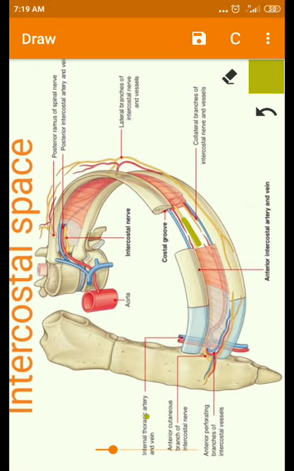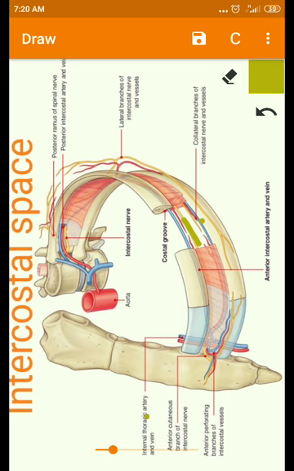So intercostal space is the space between two ribs and their corresponding cartilages. We have 9 intercostal spaces anteriorly and 11 posteriorly. Among these, the 4th, 5th and 6th are called typical intercostal spaces because they are supplied by the typical intercostal nerves, which supply only the thoracic region.